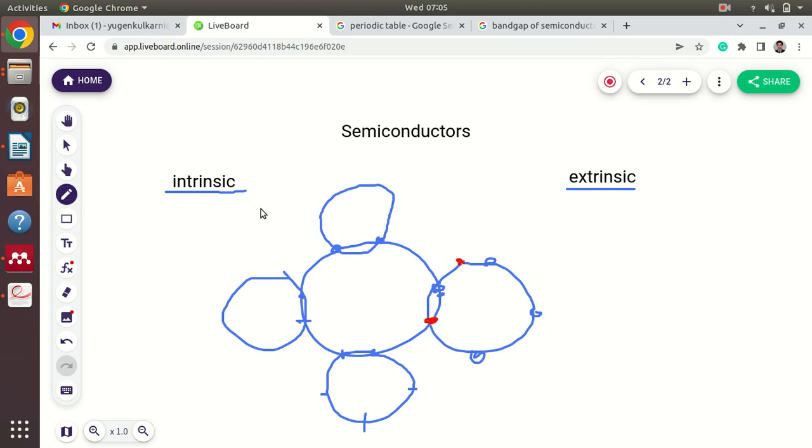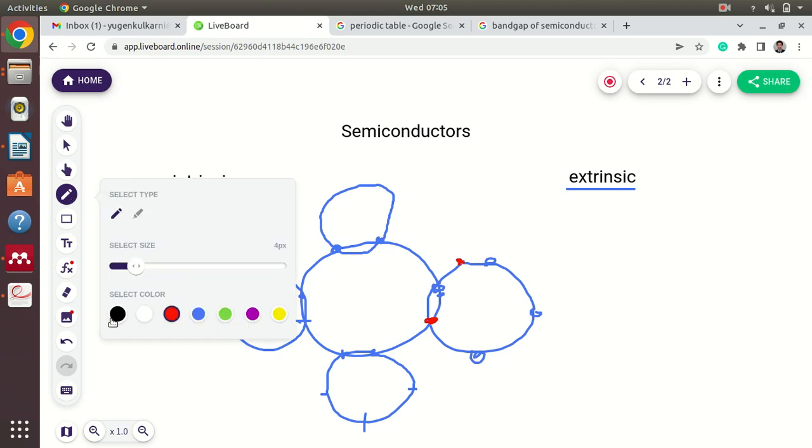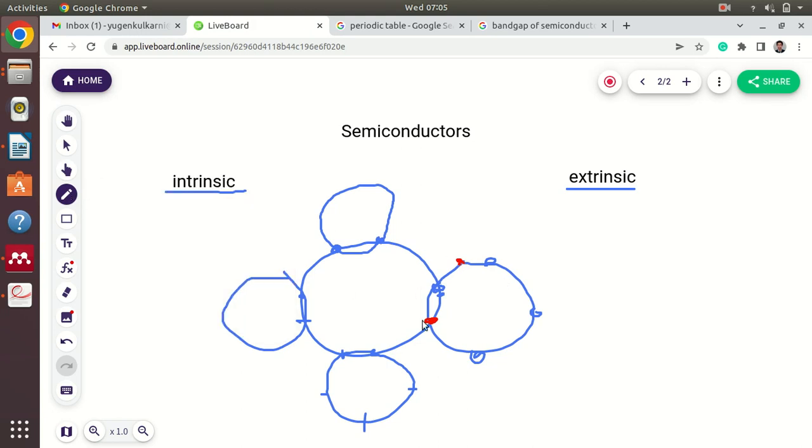Sometimes the impurity is trivalent. This one is called a pentavalent impurity. Pentavalent means the valency is 5, or the number of electrons in the outermost orbit of that element is 5. And trivalent impurity means there are only 3 electrons. So there will be no electron here, and this bond is empty.